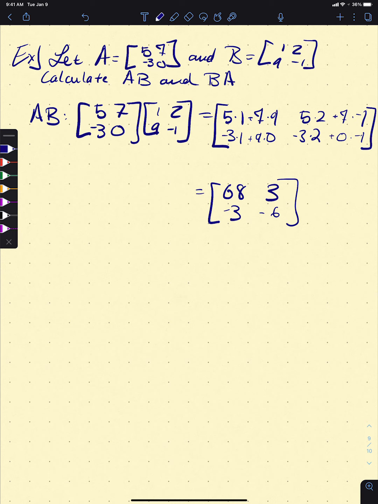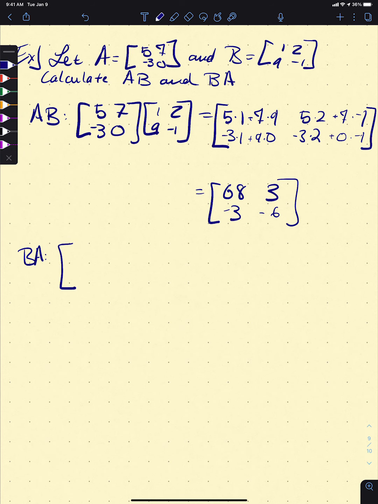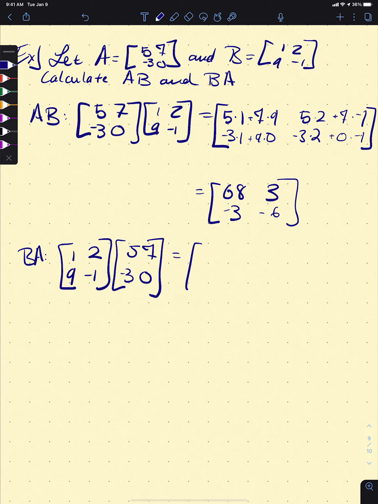Now let's calculate B times A. And I think the result will be rather interesting. Okay, so B is 1, 2, 9, negative 1, and A is 5, 7, negative 3, 0. Let's take a look at this. Inner product of this row with this column.